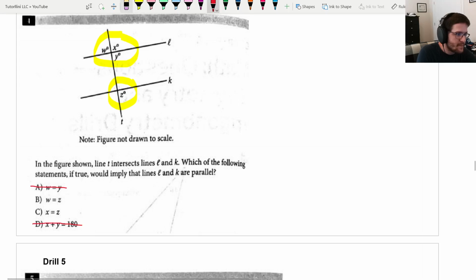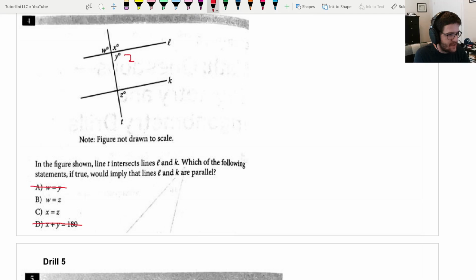that would have helped us a lot because we can now just take a 50-50 guess if we don't know what to do. All right, anyway, the thing that they're almost always testing you for parallel lines is that corresponding angles are equal. So W equals Z, or X equals Z. So if you want, you could put the Z in its corresponding spot up here, or you could pull this stuff down here.